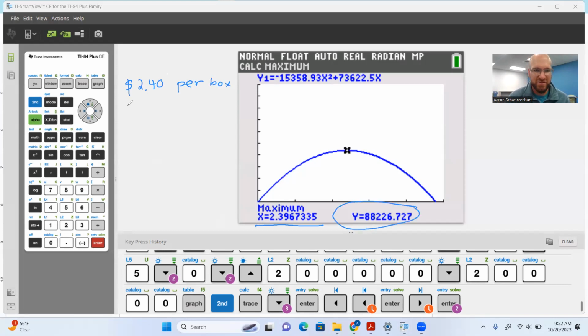The maximum revenue is going to be $88,226.27 or 72 cents. Yes, I did round off the price per box. It's just kind of how you have to do it, because you don't charge 239.6735 cents.